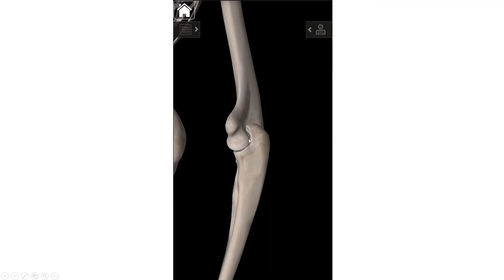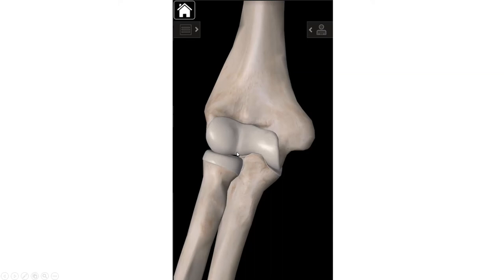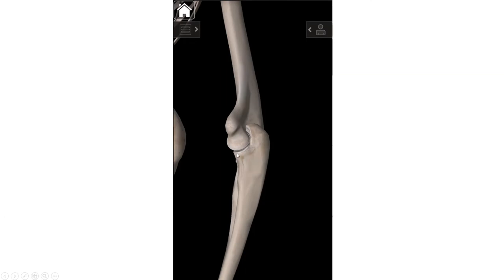On the most distal aspect of that is going to be the coronoid process, and I mentioned that earlier with the coronoid fossa. So this anterior lip, and I guess if you want to go with distal lip of the trochlear notch, all of that there is the coronoid process. So there's your coronoid process right there. Again, it'll fall into the coronoid fossa whenever you flex your elbow.